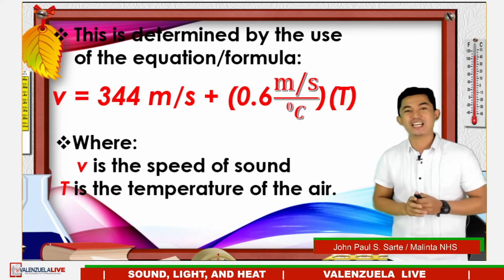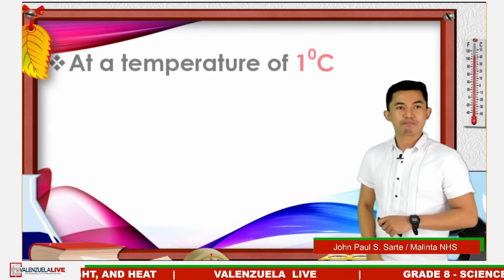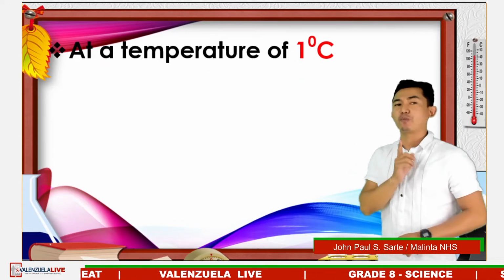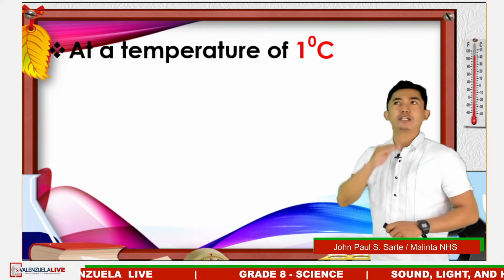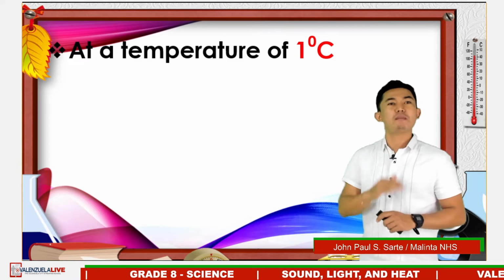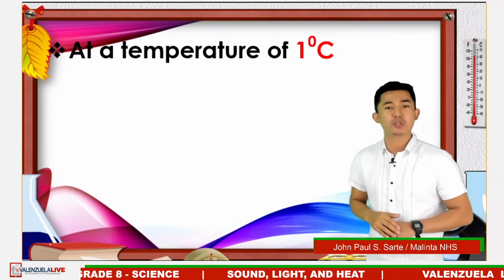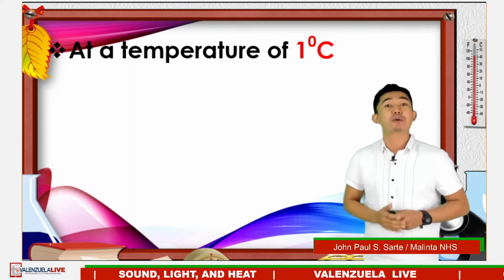Exactly, that is time. So, how about this one? At a temperature of 1 degree Celsius, we said a while ago that the value of the average speed of sound is 344. But how about if it is already 1 degree Celsius? The answer would be 344.6 meters per second.